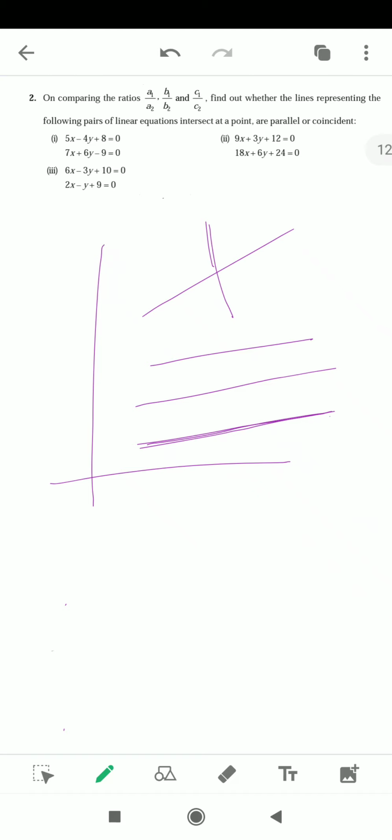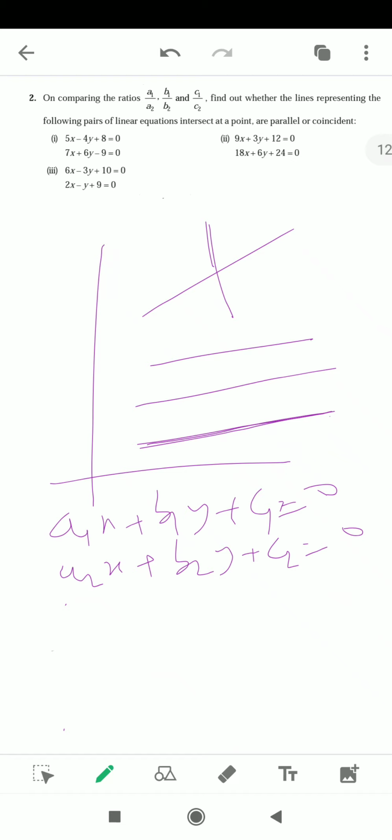If two lines are a1x plus b1y plus c1 is equal to 0, a2x plus b2y plus c2 is equal to 0, then if a1 by a2 is not equal to b1 by b2, then the lines are intersecting.